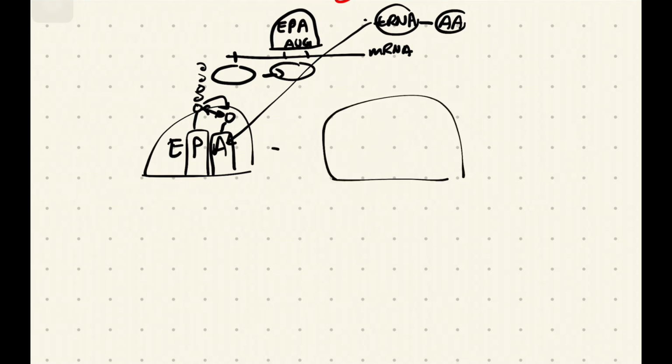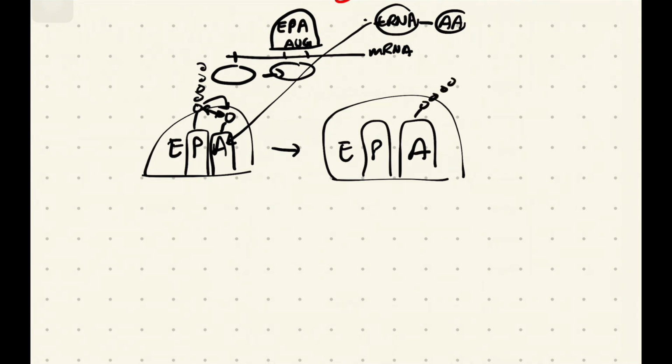So essentially, you're going to have the polypeptide now in the A site. And then what's going to happen is you're going to expend some more energy, and you're going to kick this tRNA out into the E site where it exits. And then this tRNA in the A site is going to be translocated into the P site.